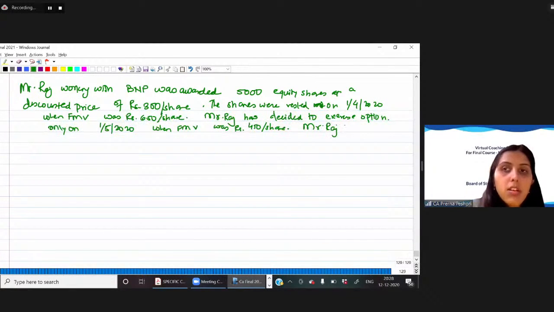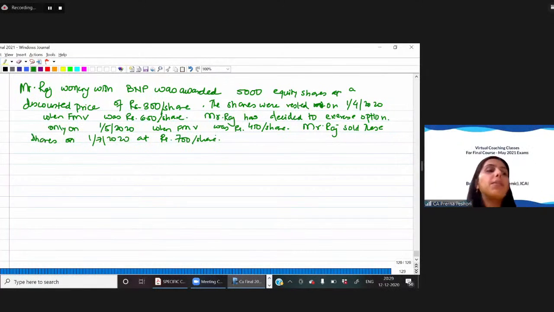Mr. Raj sold these shares on 1/7/2020 at rupees 700 per share. Compute the capital gains.